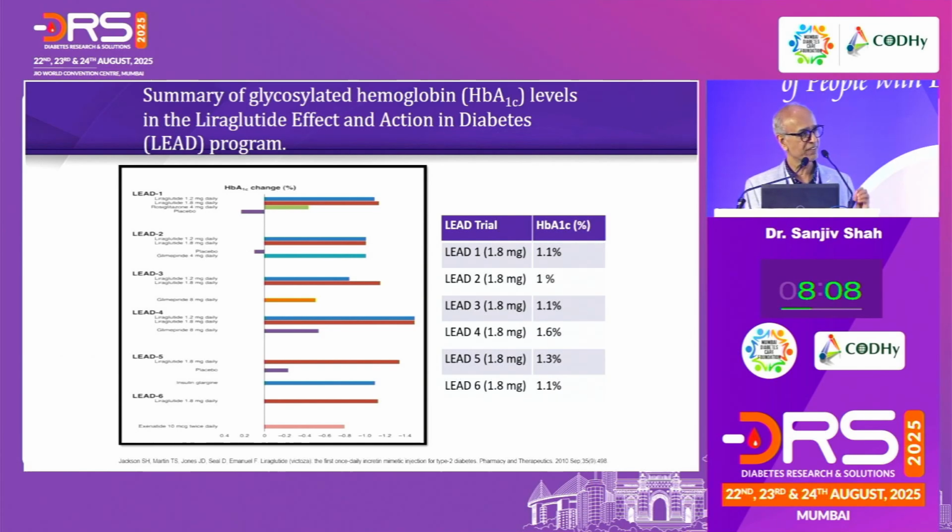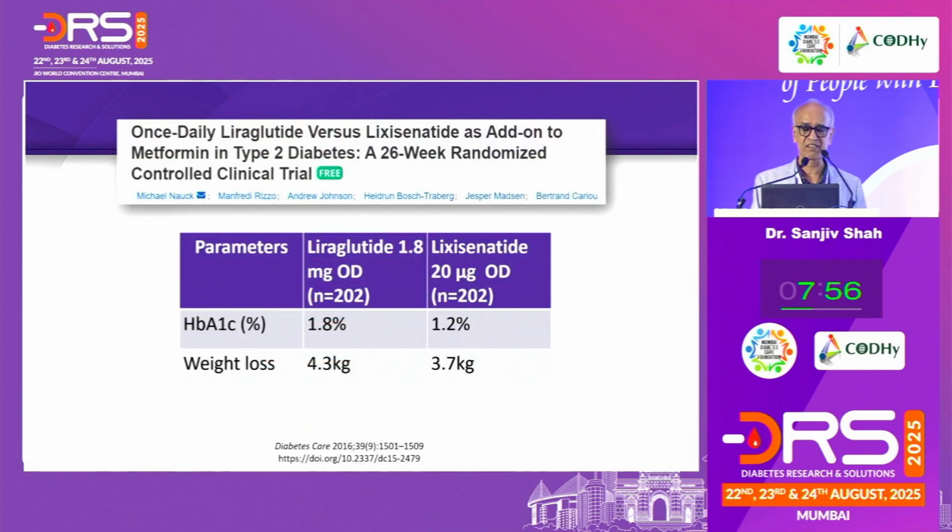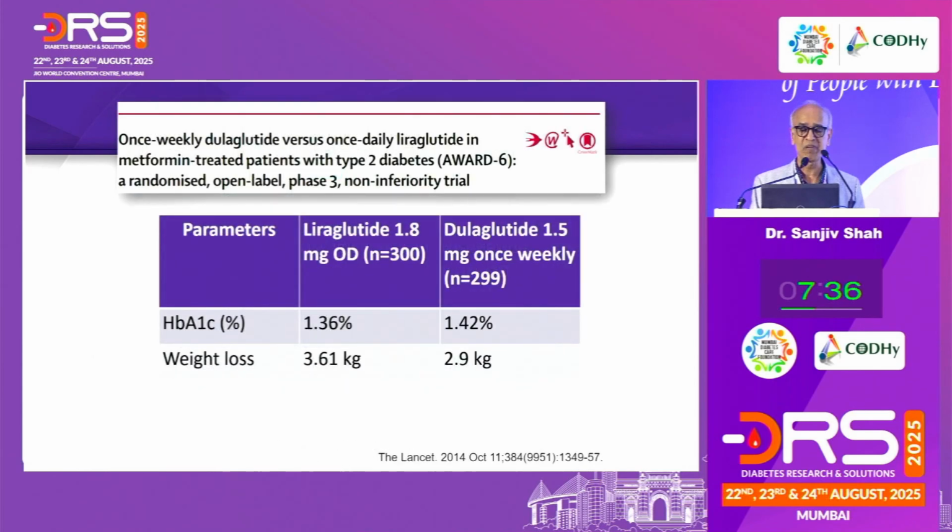Only a couple of drugs in a few settings may give you more, but if your patient has a high baseline, 9%, 10%, or 11%, when you start a first injectable treatment you would get a higher A1C reduction. This is lixisenatide, which is still available in combination with glargine insulin. This was also similar, with close to 3 or 4 kg weight loss and 1.2% A1C reduction, but liraglutide at the highest dose offered 1.8%, a 2016 Diabetes Care publication.